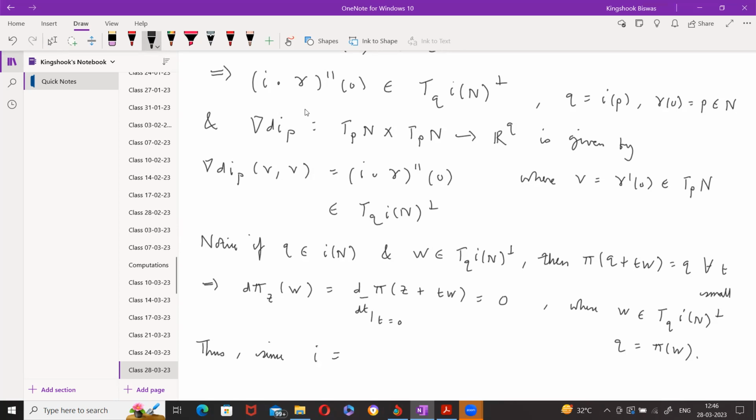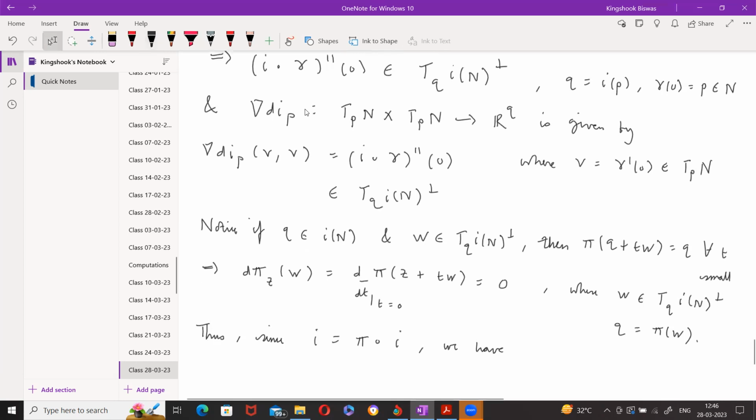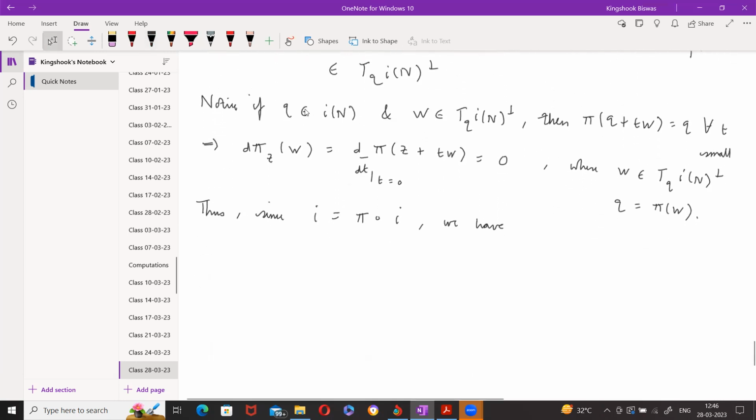So thus, now I can use the following fact: the inclusion I can be written as pi composed with I. By the composition formula, I get that the second fundamental form nabla di is nabla d pi of di comma di, plus d pi of nabla di.